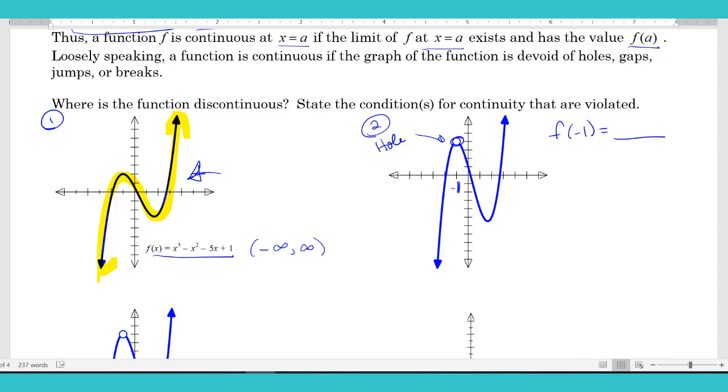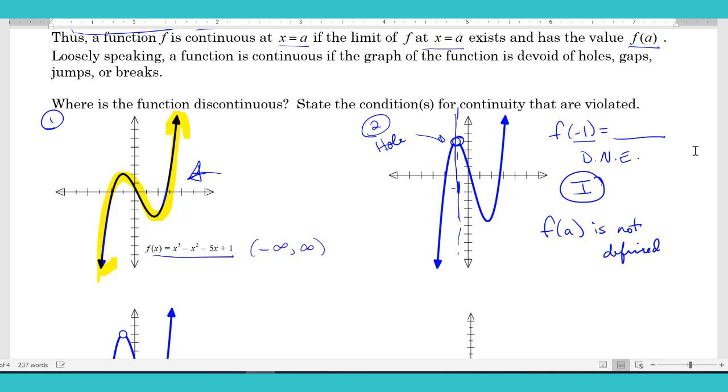Well, this hole says there's no y value. All up and down here, I don't see any point on the graph. So this does not exist. That means condition 1 is violated because f of a is not defined, where a is -1.